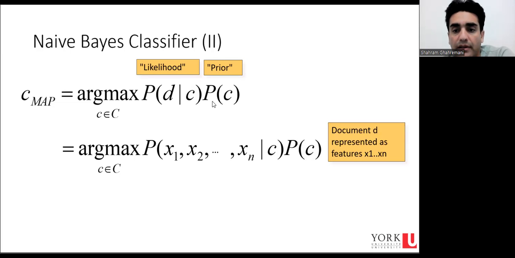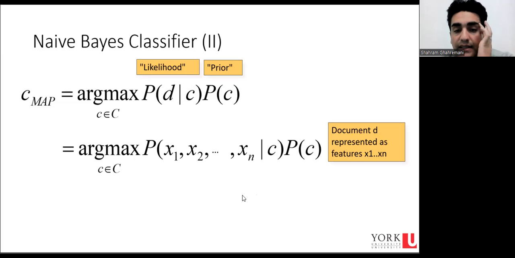What do I mean by the probability of a document given the class? What do I mean to say, this particular movie, how likely is it given the class positive? It seems like a very complicated and confusing thing to compute. One way to operationalize that is to represent the document by a whole set of features, x1 through xn. So the probability of a document given a class, P of D given C, is just the probability of a vector of features given the class.